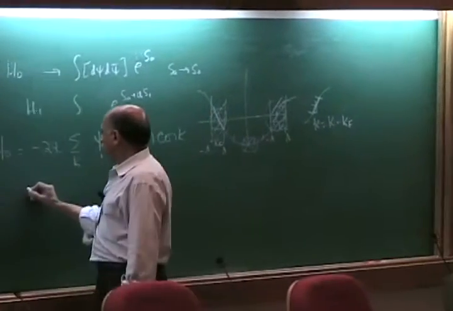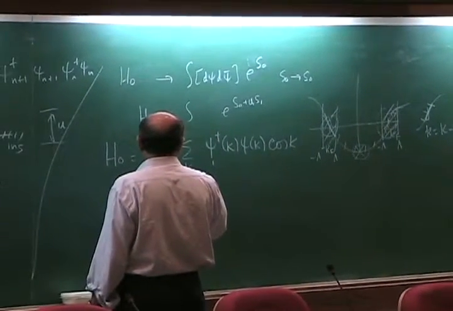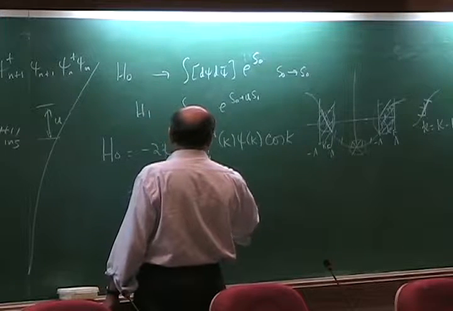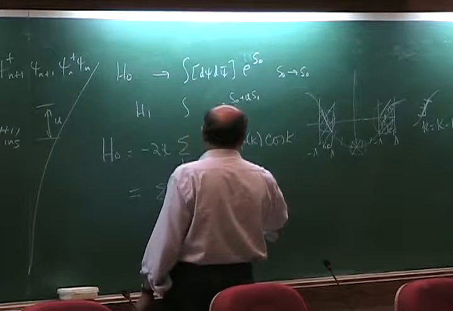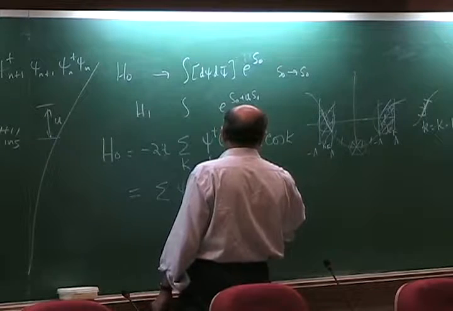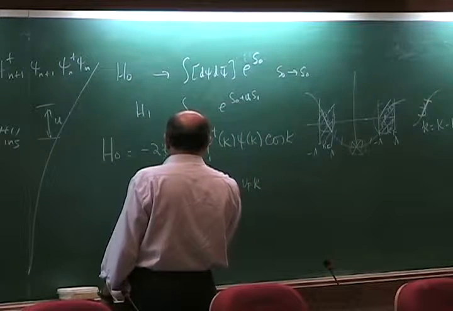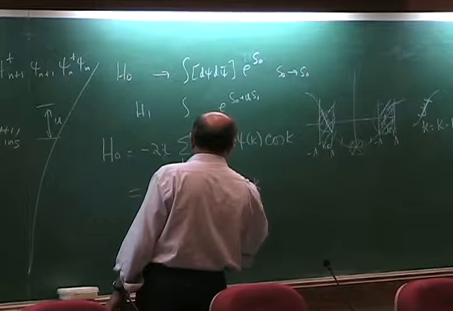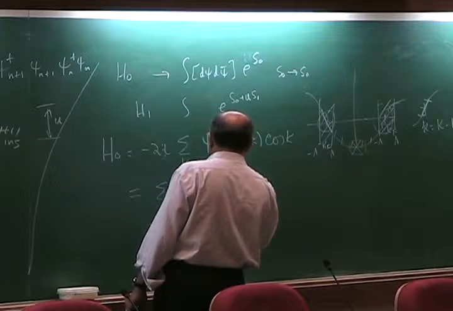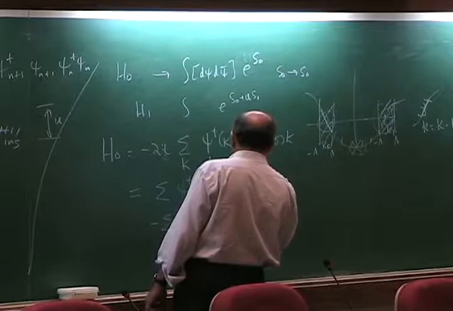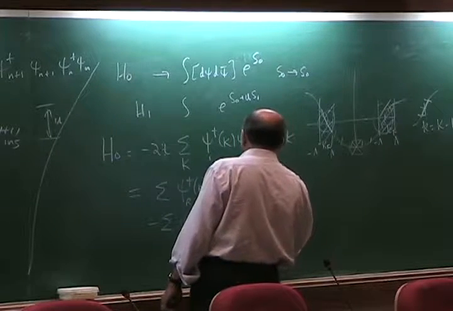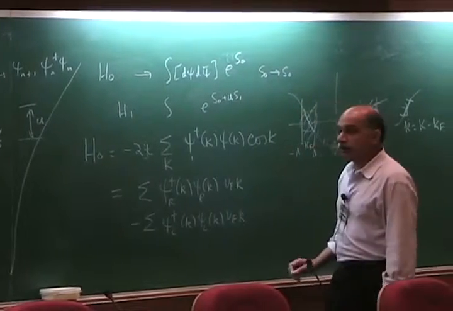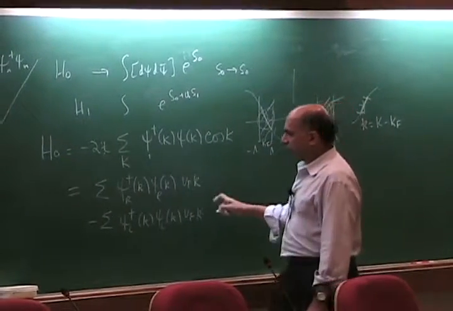So if I write this and you guys tell me if you believe this or not, that is one set of fermions, and there's another set of fermions. We call this right, psi dagger right k, psi right k, v_F k, and psi dagger left k, psi left k, minus v_F k.